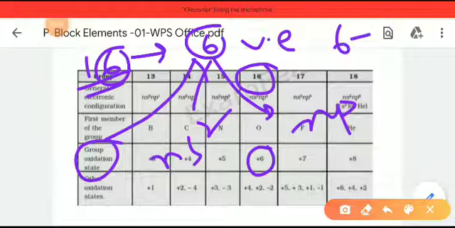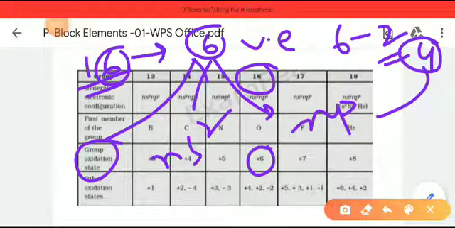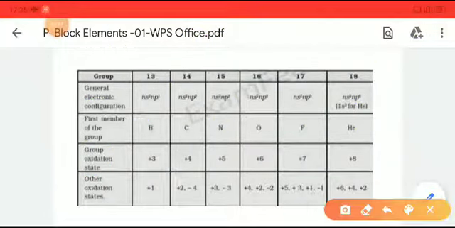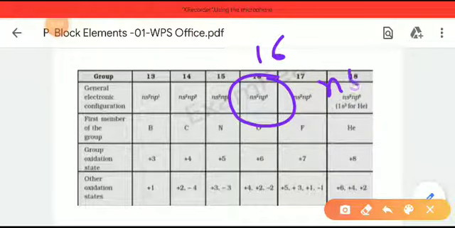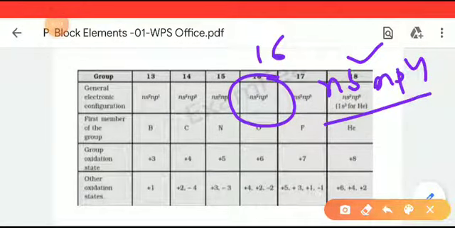The number of remaining electrons is 6 minus 2, that is 4, and these 4 electrons will be placed in the np orbital. So the general electronic configuration of the valence shell of group number 16 is ns2 np4.